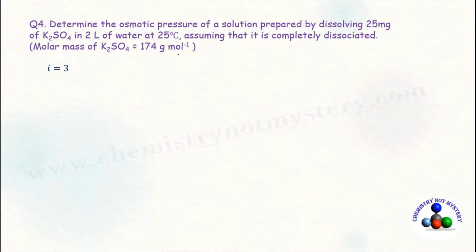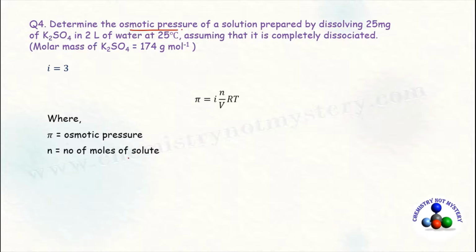And here we have to calculate osmotic pressure. For osmotic pressure calculation, we have formula pi is equal to I N over V multiplied by RT, where pi is the osmotic pressure, N is the number of moles of solute, R is the gas constant and its value is 0.0821 liter atmosphere per Kelvin per mole.